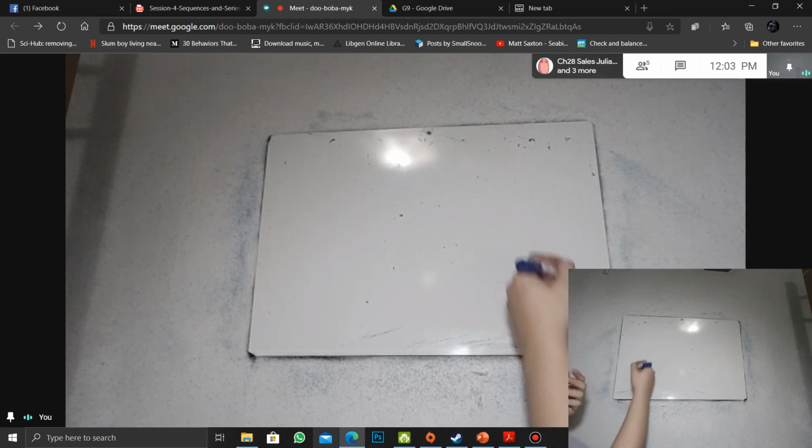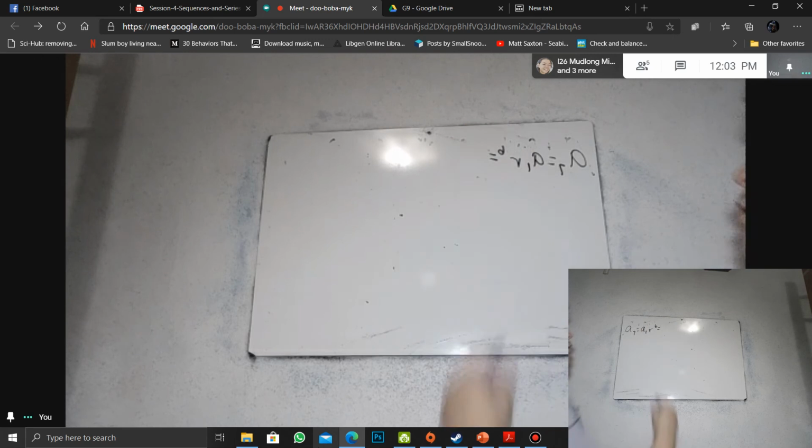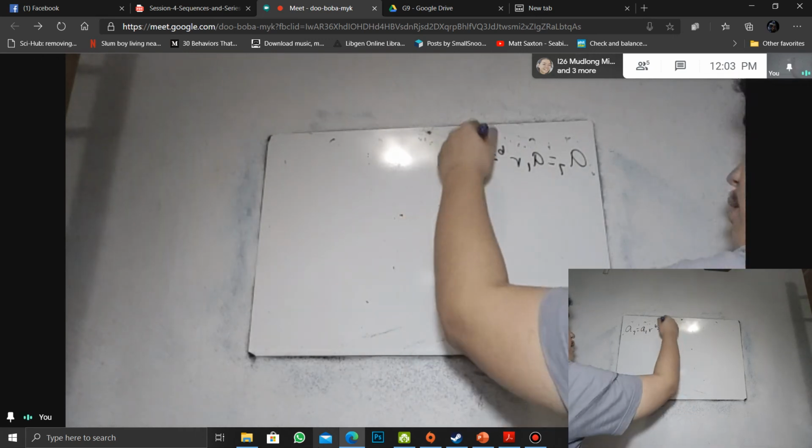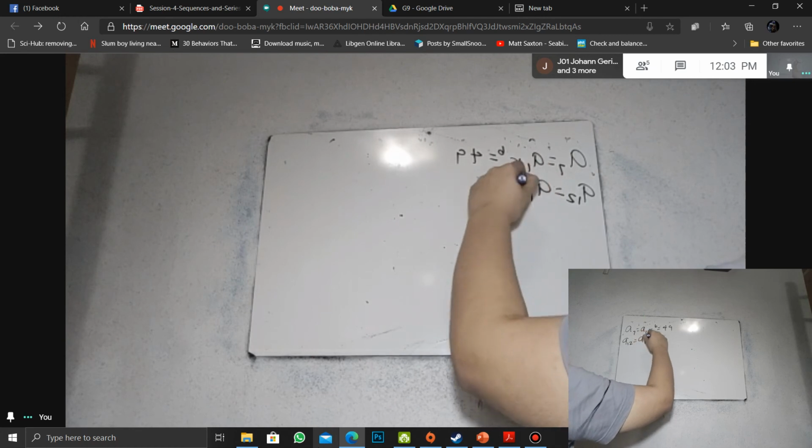Geometric sequence has 7th term 49 and 12th term 1568. So from the given, A sub 7 equals A sub 1, R raised to n minus 1 equals to 49. A sub 12 equals A sub 1, R raised to n minus 1 equals 1568.